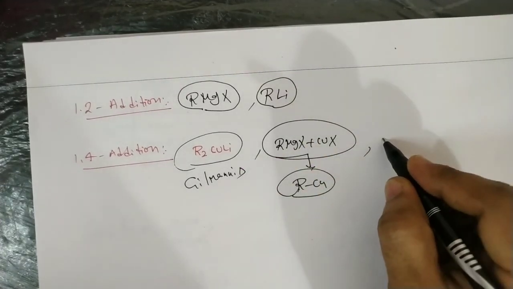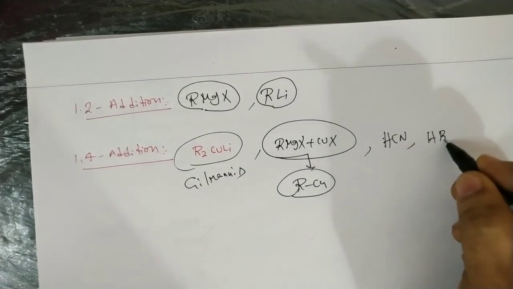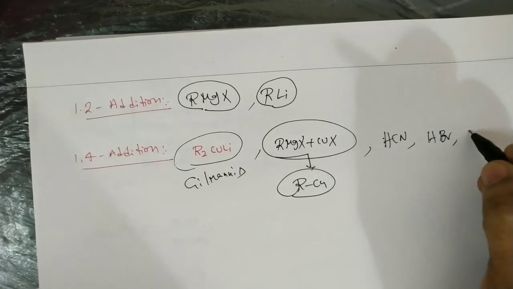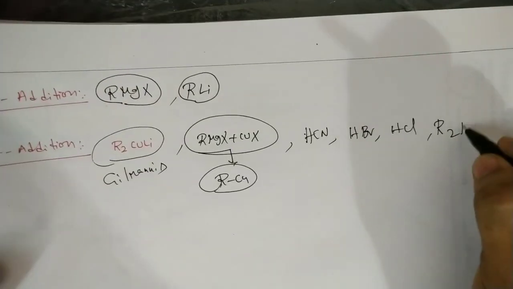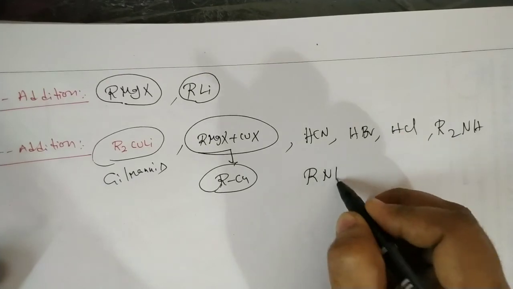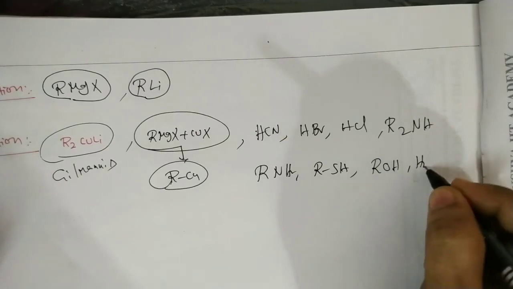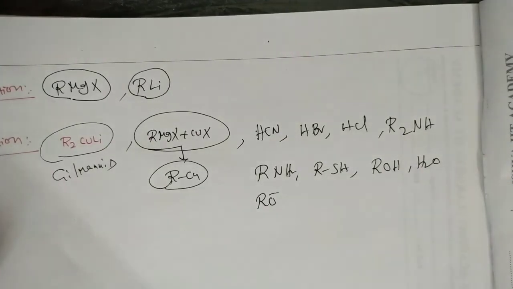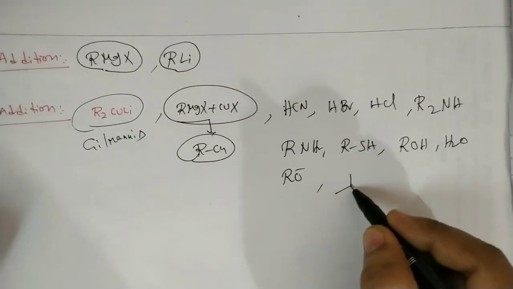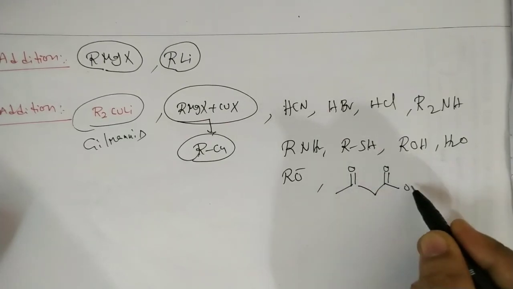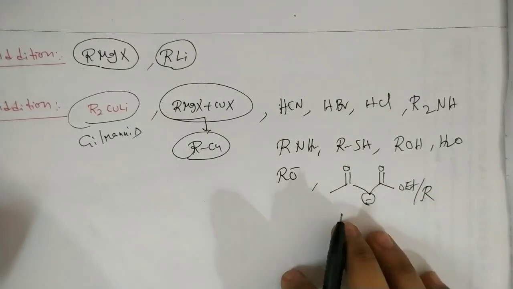Generally HCN, HBr and HCl are involved in conjugate addition, and amine nucleophiles R2NH and RNH2, RSH and ROH, water and alkoxide RO minus. All these are involved in conjugate addition reactions, and so are carbanions produced from the active methylene group, such as in an ester or any alkyl group.